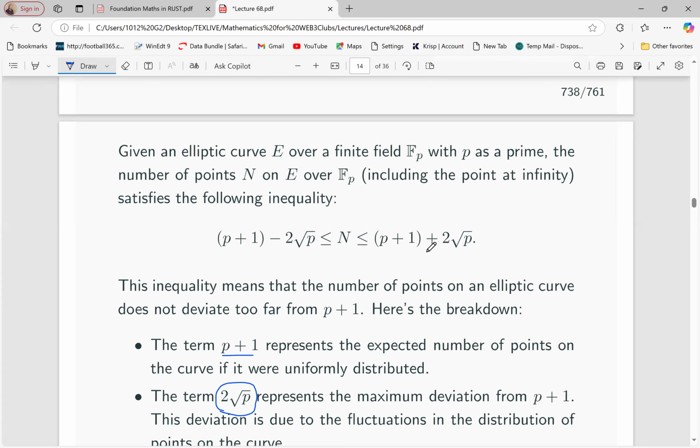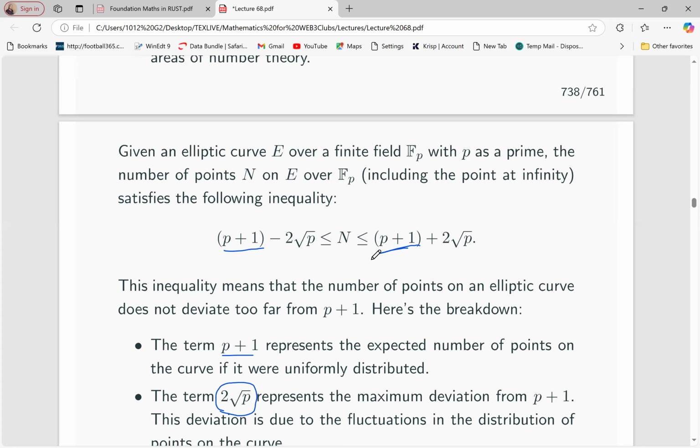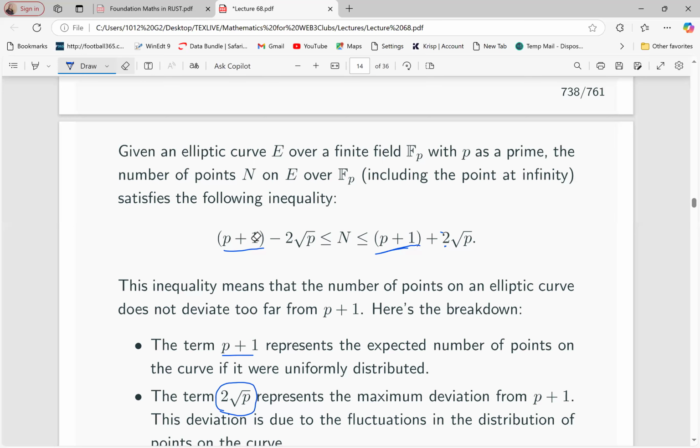That's what we are saying. The expected number of points is p plus 1. But if there is any deviation, then the deviation will be 2 multiplied by the square root of p, to the left or to the right.